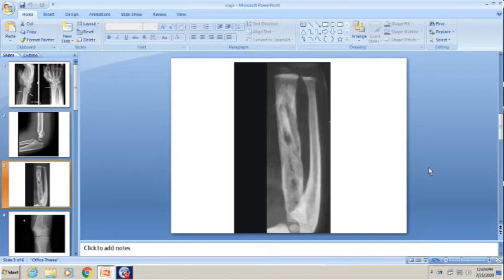So concentrate on the radius. Of course, we can see that something is there in the radius. So in the radius, try to find out where you see any fracture line. No, sir. So there is no fracture in this, but you can say that there is an underlying disease.